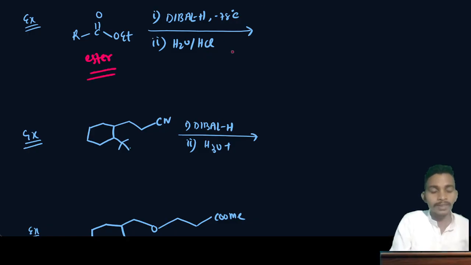Now we are giving this DIBAL-H, and you have to look at the temperature, -70 degrees centigrade. If it is room temperature, then this will convert into an alcohol group. So it will not stay at the aldehyde. So the temperature is very important. If you have the esters at -70 degrees centigrade, this will convert into the aldehyde groups.